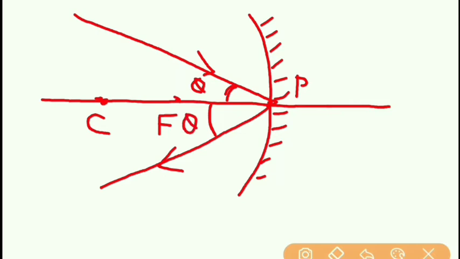So students, these important things you should remember to form an image of an object. To form the image of an object, any of these rays can be used, and to form the image, two of these rays are compulsorily used.